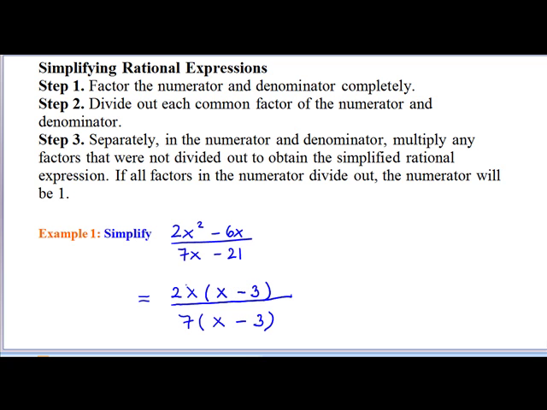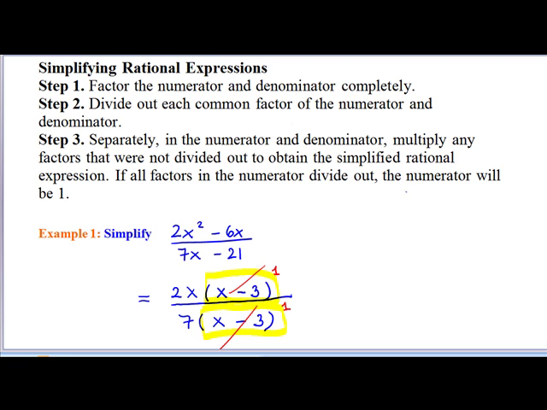So now we're just going to divide out the common factor. You see the x minus 3, the same thing in the bottom, x minus 3. This is our common factor. So we're going to cancel out like that. Pretty much you have 1 here when you cancel out.